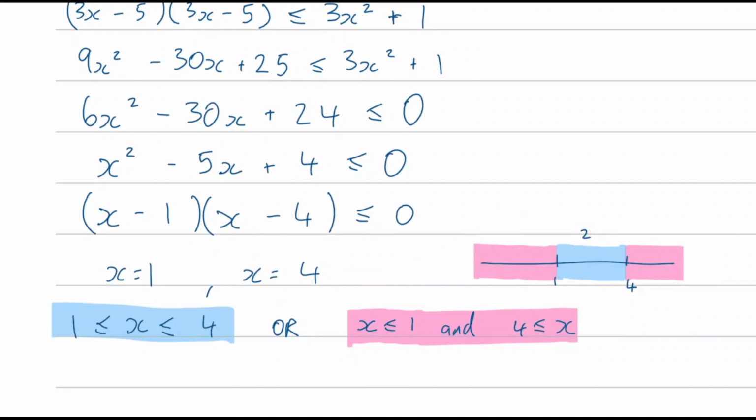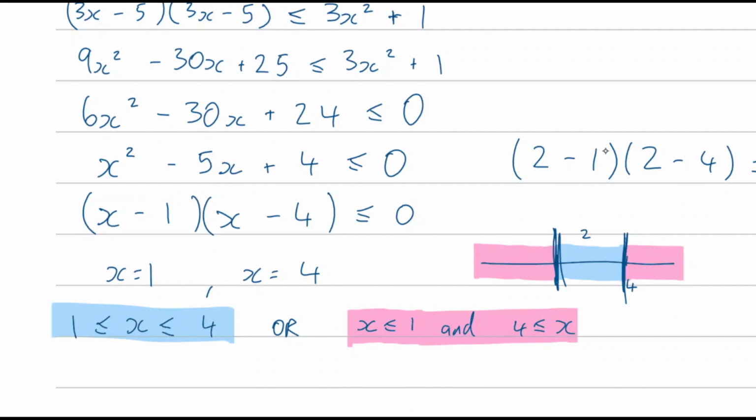So I'll just do it up here: 2 for x, 2 for x, and now is that less than or equal to 0? If it is, that means our range is between 1 and 4. If it's not less than or equal to 0, then our range is outside of that.